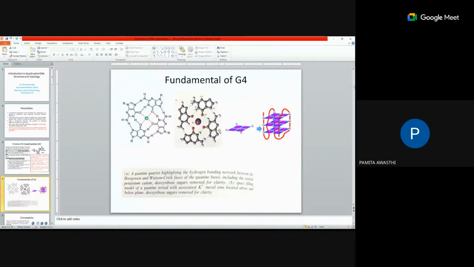How these techniques are used to deduce this structure, we will cover in subsequent lectures in the coming days. So these stacked tetrads align themselves to give an appearance similar to that of DNA.